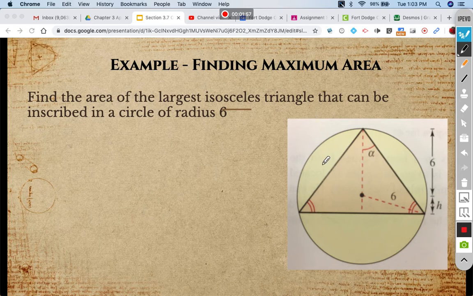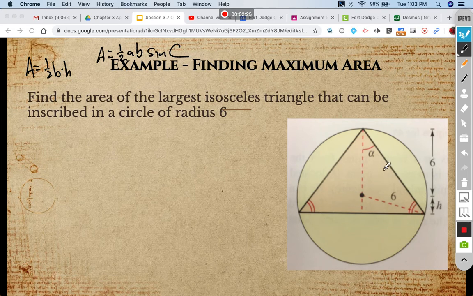So when we look at this, we want the area of a triangle. We have two area equations: area equals 1/2 base times height, or area equals 1/2 AB sine of C. This is the one we would use if we're working with alpha.